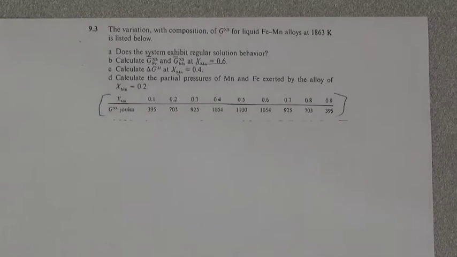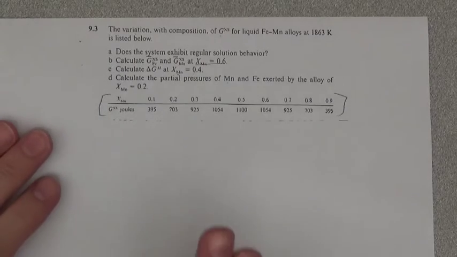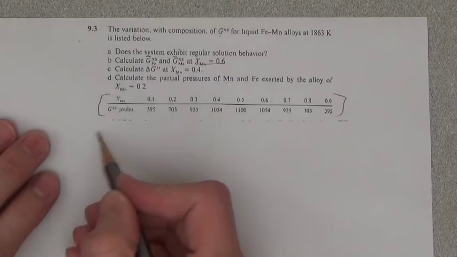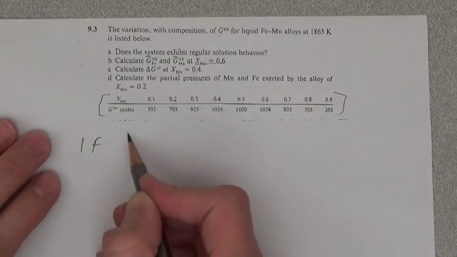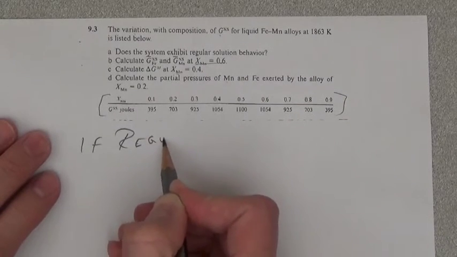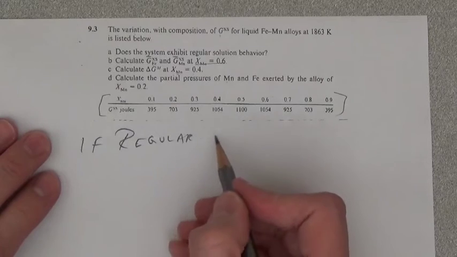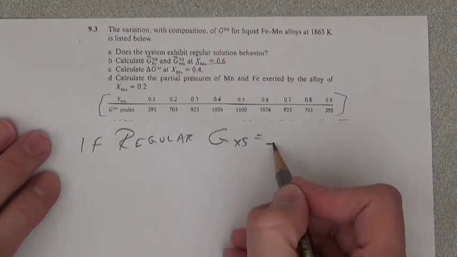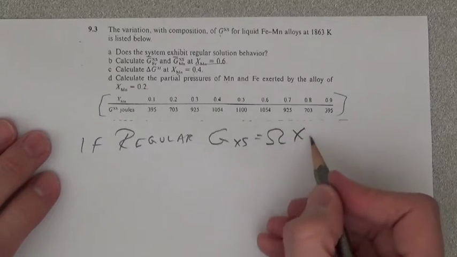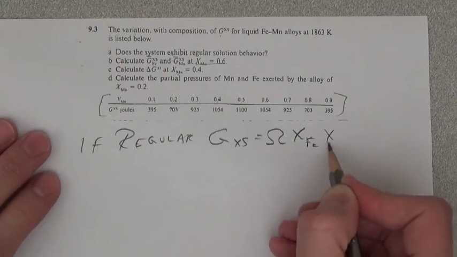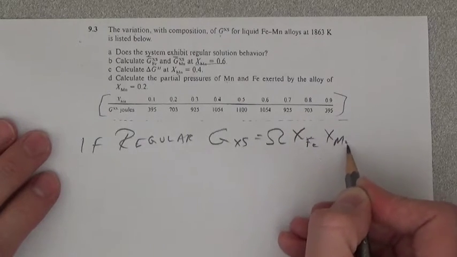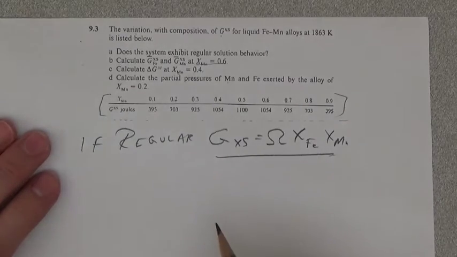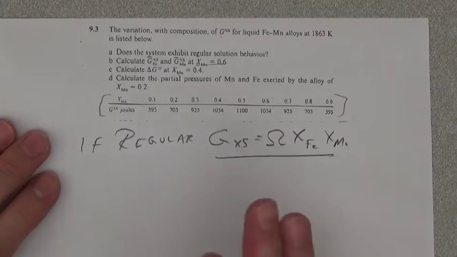For a regular solution, GXS is equal to omega times X Fe times X Mn. This is the term that we saw when we talked about a regular solution.